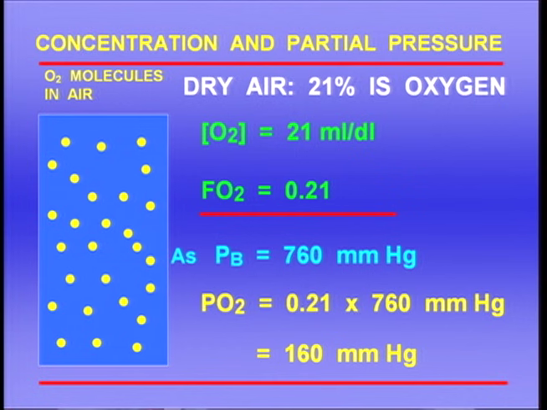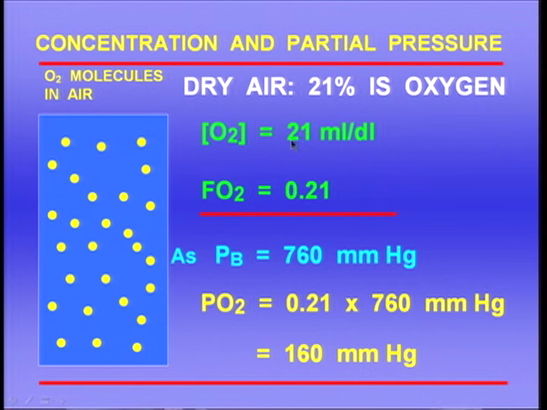So the concentration of oxygen in dry air is 21%. And we can also show that using this nomenclature here with the square brackets, concentration of oxygen. We can also refer to it as 21 ml per deciliter. Same thing.